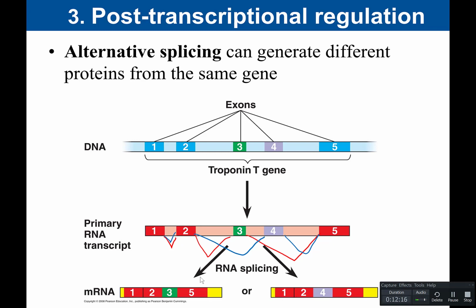Notice that because these mRNAs have different exons, that means that they have different sequences, which means they're going to produce different proteins. And so cells can take a very limited number of genes and splice them in ways so that you can get multiple proteins from one single gene.